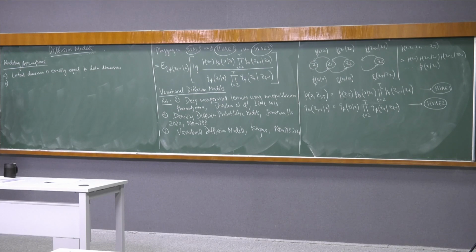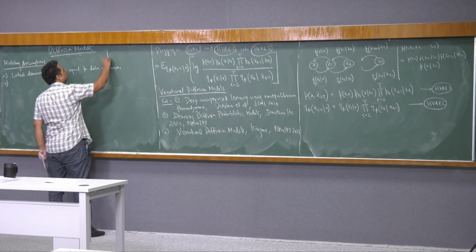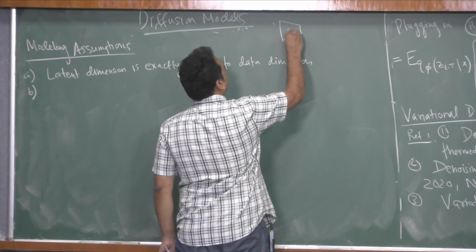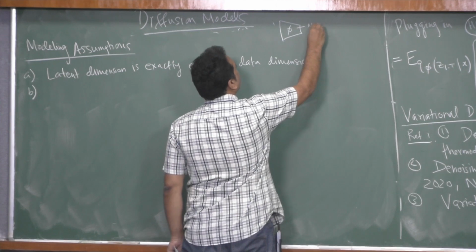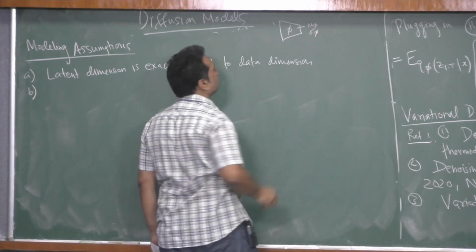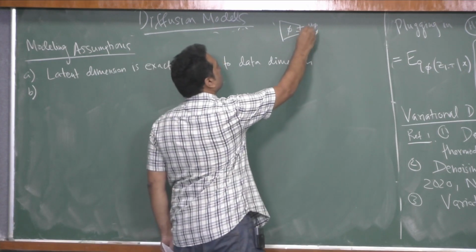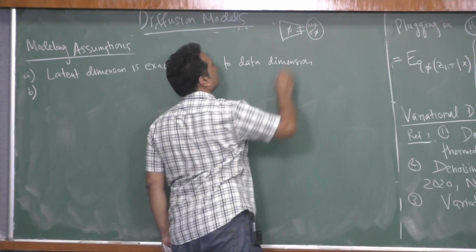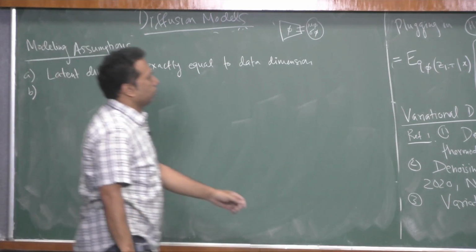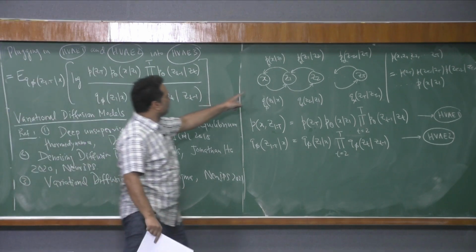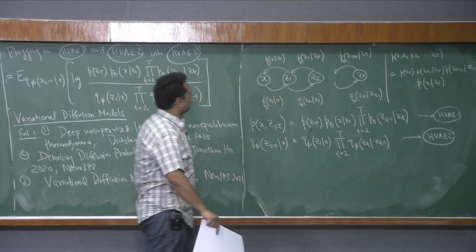Okay, so basically in VAE we were parameterizing the encoder via phi, and that phi was a neural network that was producing mu phi and sigma phi. Okay, so this neural network was producing these two, which determine the normal distribution in VAE. Here we are saying that we won't parameterize the encoder, which is the forward process, this one.